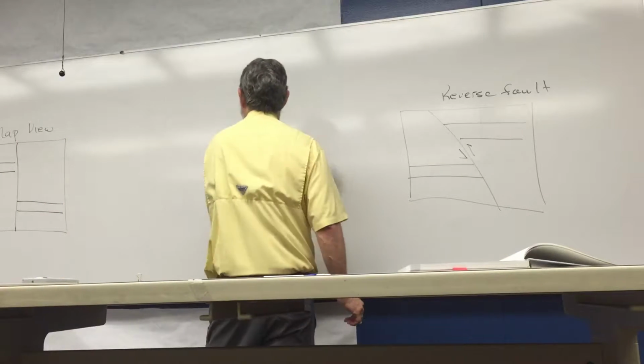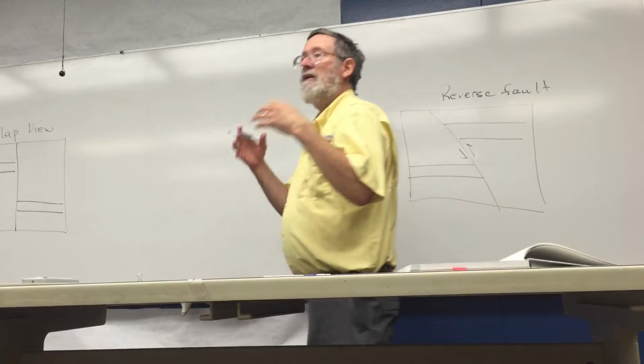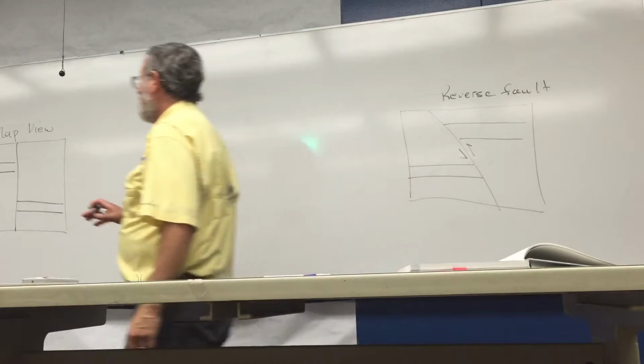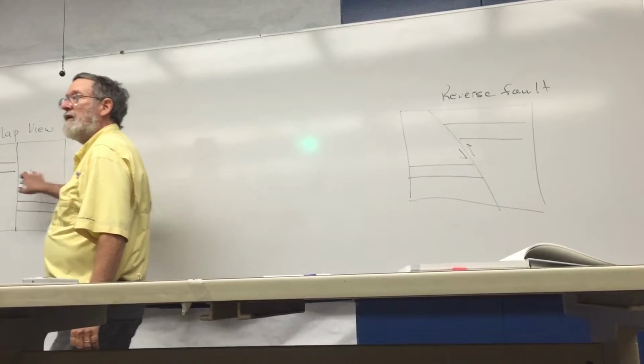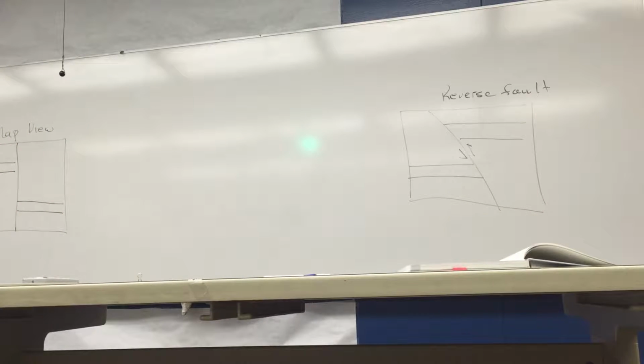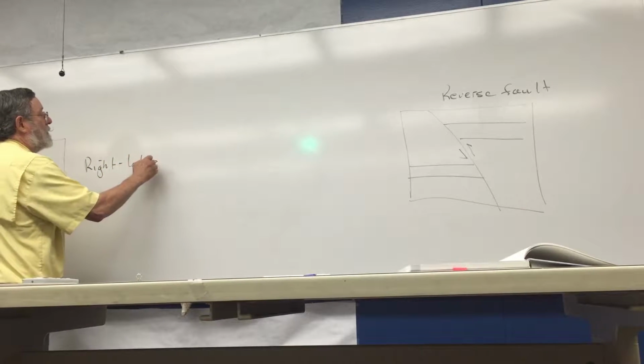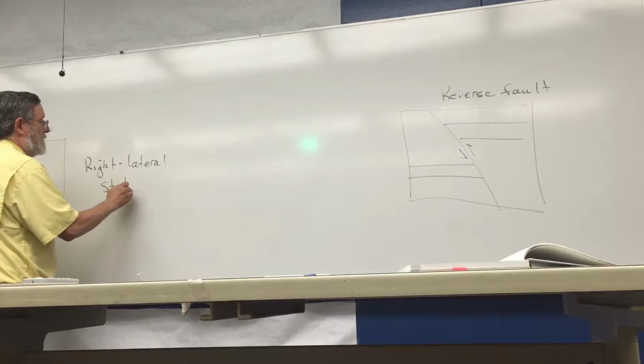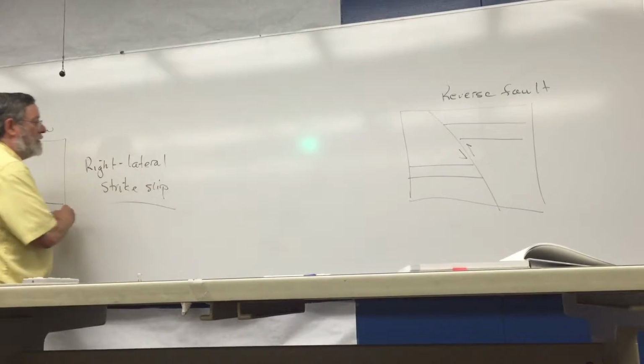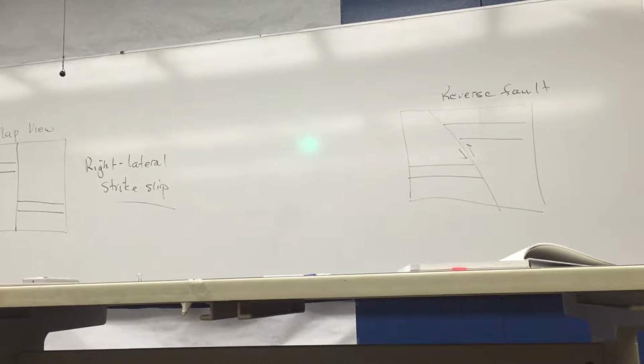Is there a way of further discriminating the types of displacements that we see here? Well, we're going to give it a term. We're going to call this particular system a right lateral strike slip fault. Why did we call it a right lateral? Well, the easiest way to think about it is if you stand on this side.